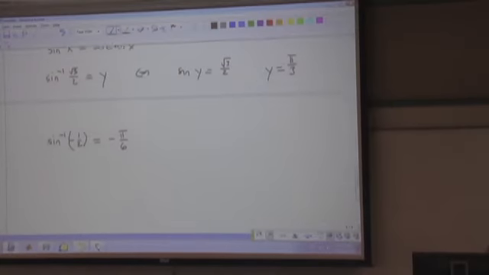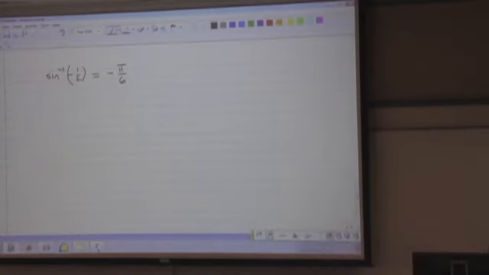So, I guess we should point out that sine inverse of sine of x is equal to x, and sine of sine inverse of x is again equal to x. Right? Now, on the top, x has to be limited between minus pi over 2 and pi over 2.